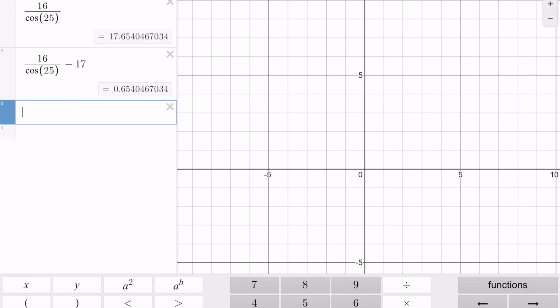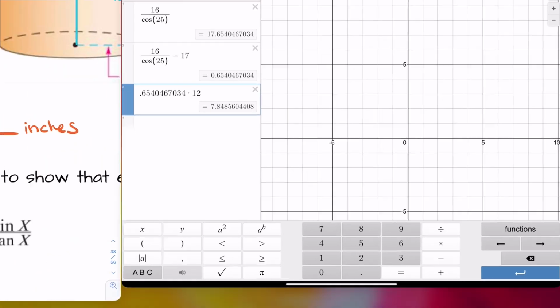Okay, now 0.6540467 feet times 12 inches gets me 7.8485.